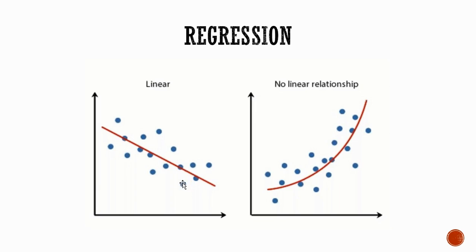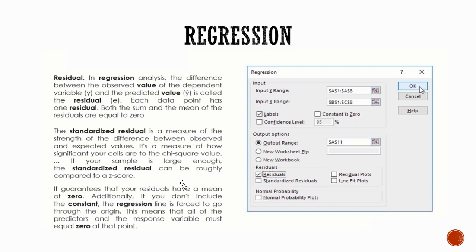When I apply the regression in Microsoft Excel, you will come up with the screen shown in the picture on the right-hand side. On your screen, we will input the y range, we will input the x range, and we will check certain options which are fundamental to applying the regression.